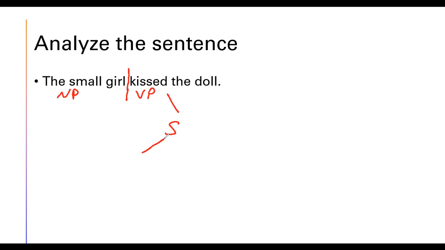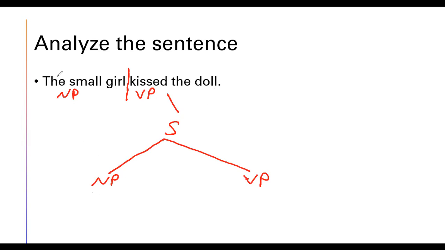Broadly speaking, there are two units here. The first one is NP, the second one is VP.